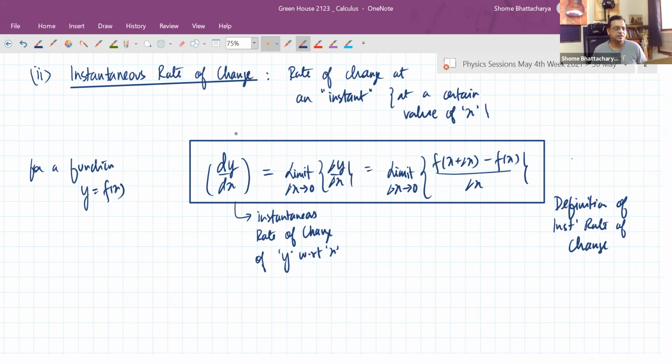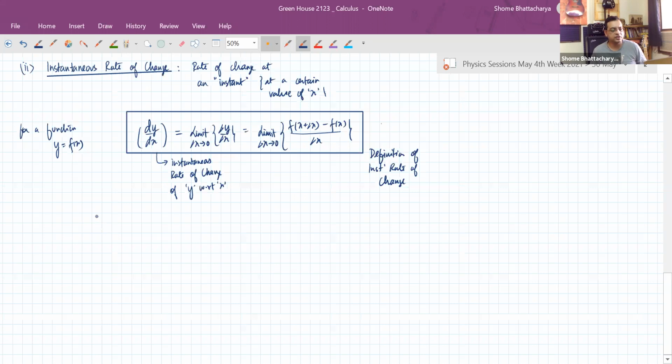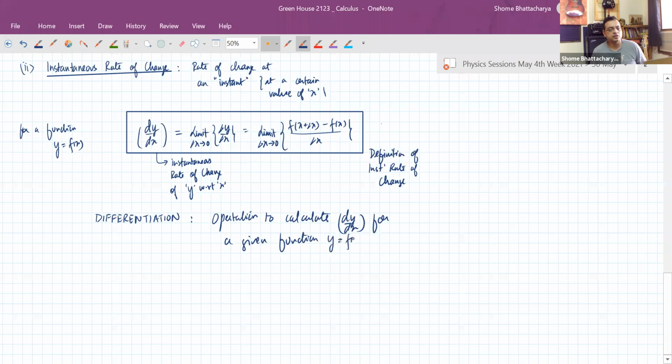But instead of using the definition, we use a process called differentiation. So differentiation we can think of as an operation to calculate the instantaneous rate of change dy by dx for a given function y equal to f of x.